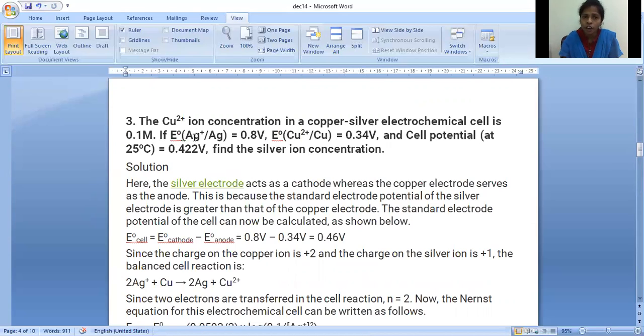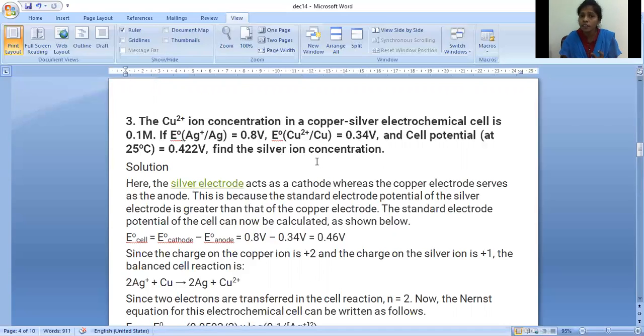If E naught of Ag+/Ag is equal to 0.8 V and E naught of Cu2+/Cu is equal to 0.34 volts, and the cell potential at 25 degrees centigrade is 0.422, then find the silver ion concentration. Here also they have given 25 degrees centigrade, so we need to use the same formula, that is 0.059 by n.